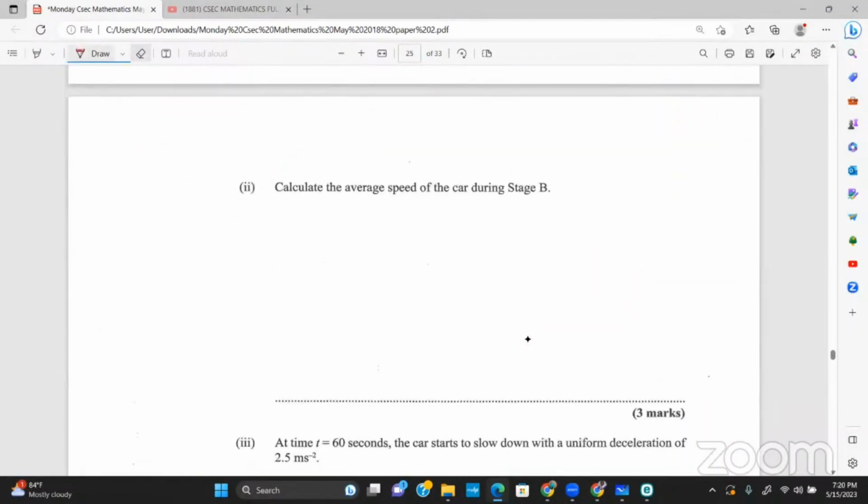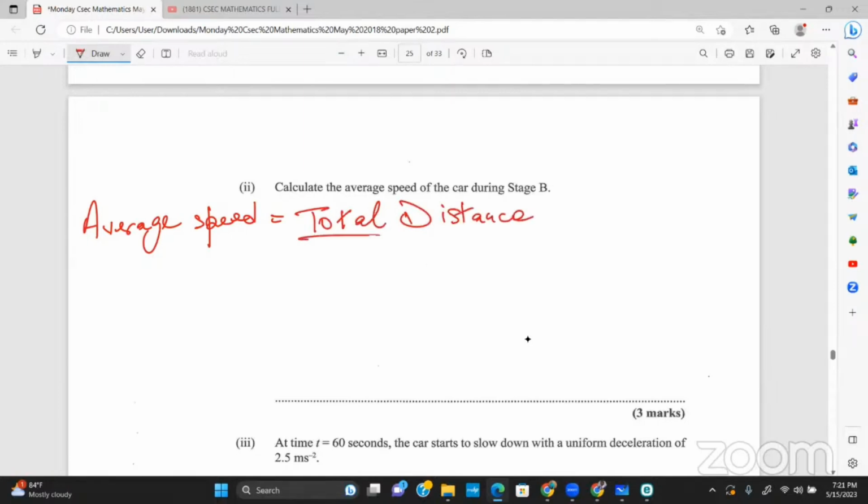What is average speed? Total distance over total time.